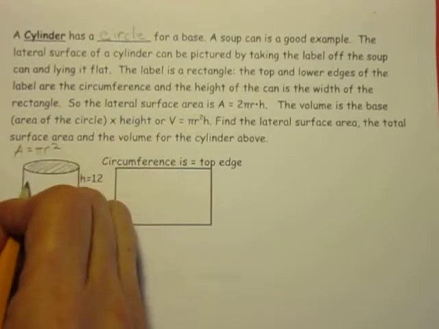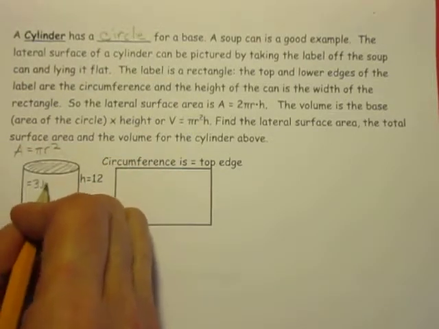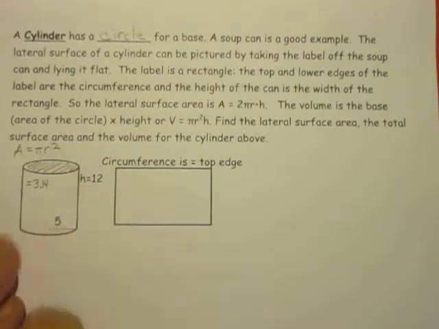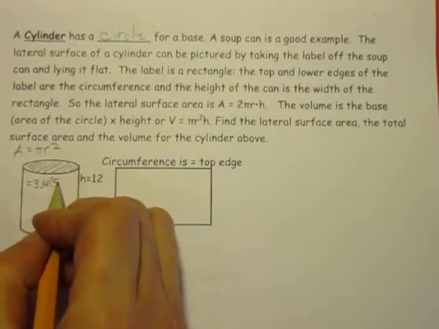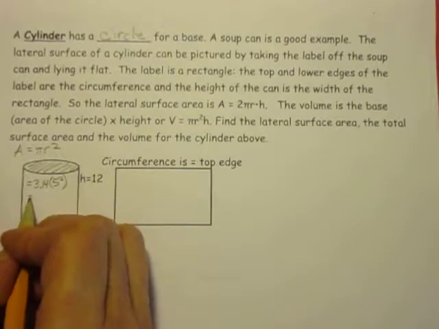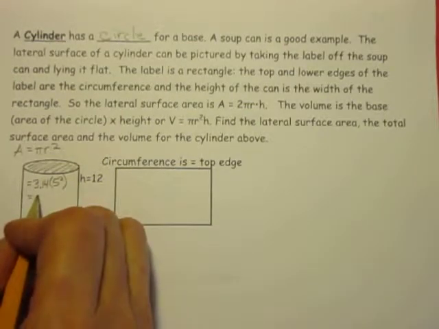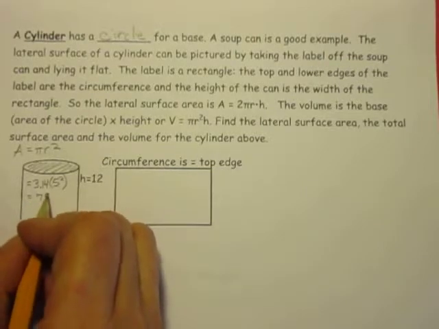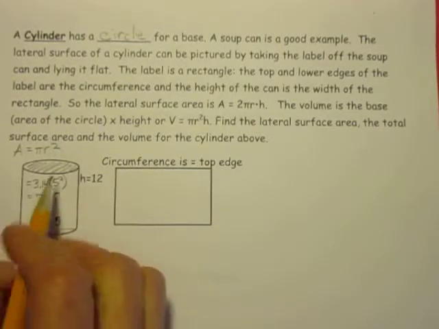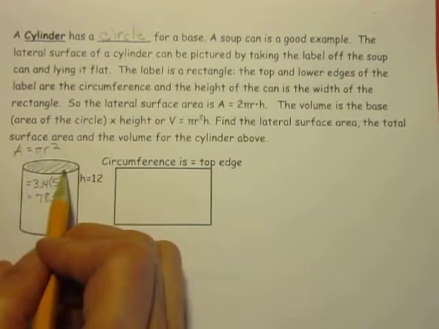When we plug that in, that would be 3.14, and in this case our radius is 5, so 5 squared. 25 times 3.14 gives us about 78.5. That's just for the area of that one circle.